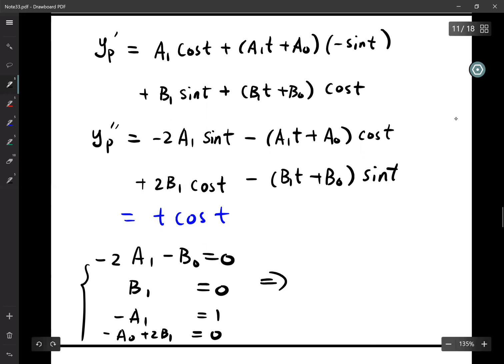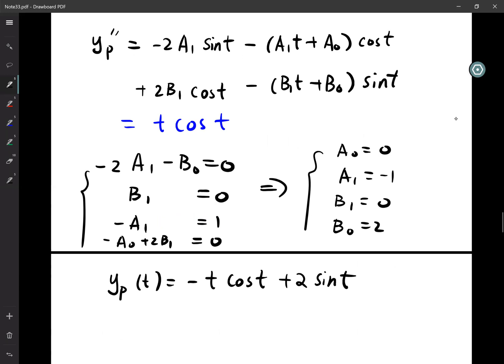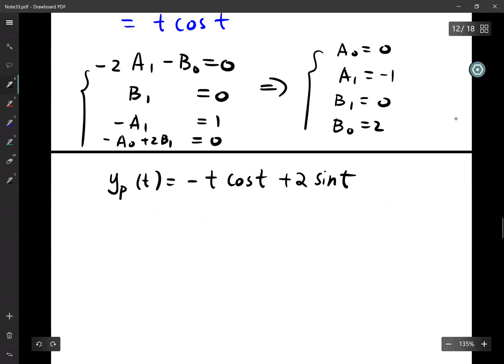So there are 4 terms. You just solve them. And you have A0 is 0, A1 is minus 1, B1 is 0, B0 is 2, which means that YPT is minus t cosine t plus 2 sine t. So as you can see, this is really how the method of undetermined coefficients works.